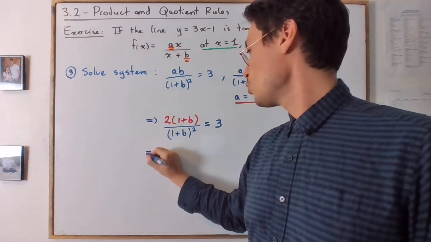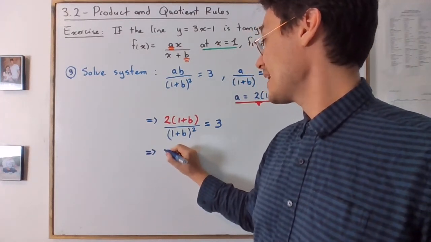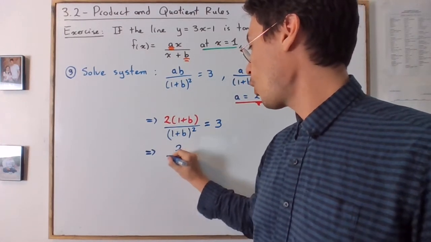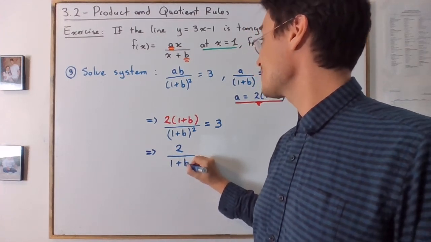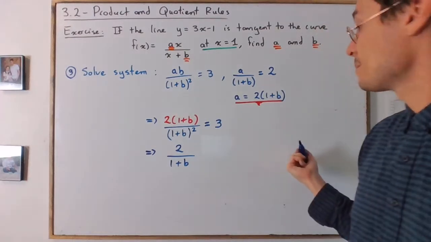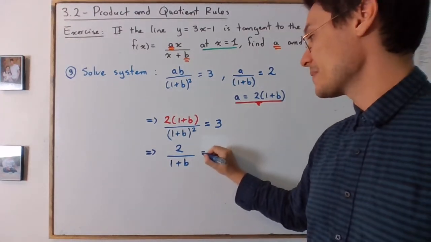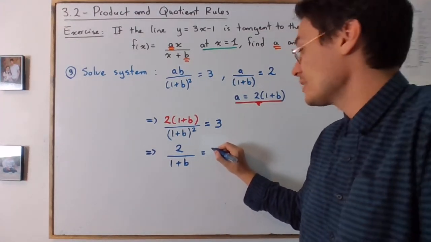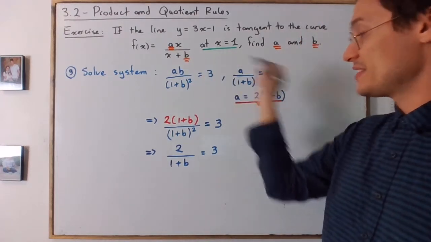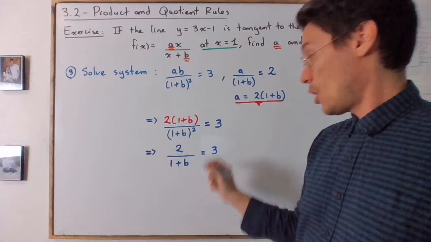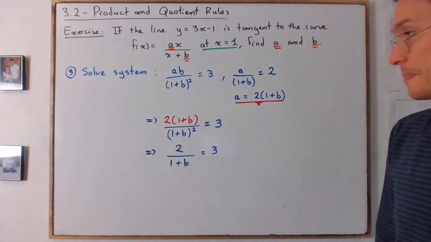So we can actually just go ahead and simplify to 2 over 1 plus b. Actually, this is valid because b can't be equal to -1. Otherwise, we would not have got these equations in the first place. Okay, so we can go ahead and do this.